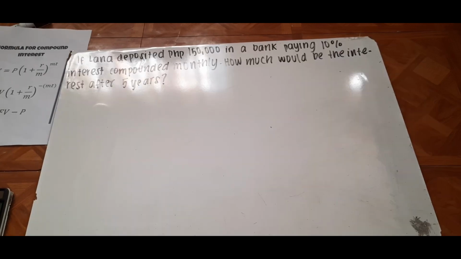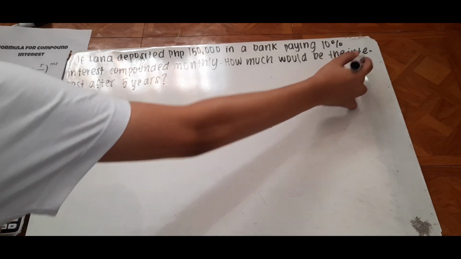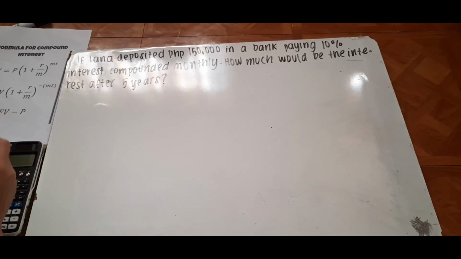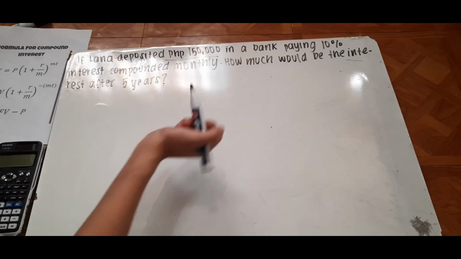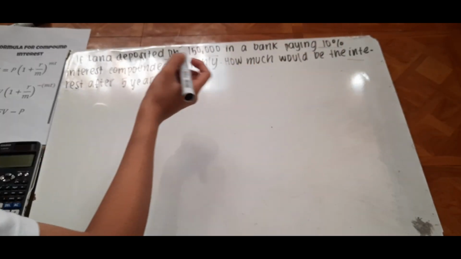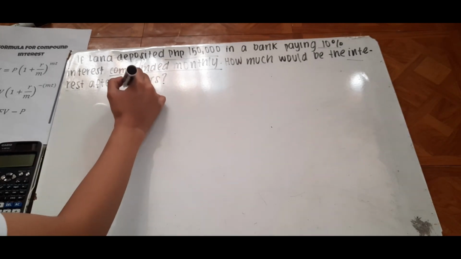And finally, this is the last question for your activity in compound interest. If Lana deposited 150,000 pesos in the bank, paying 10% interest compounded monthly, how much would be the interest after 5 years? So based on the question, we're looking for the interest and identify the given, of course. 150,000 is the principal, 10% is the rate, compounded monthly is the M, so M is equals to 12 and the time is 5.